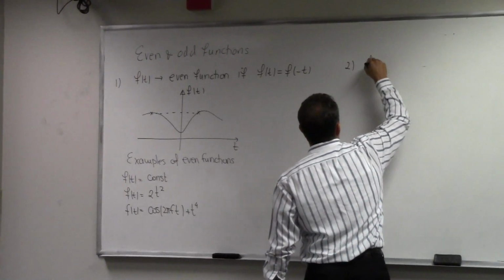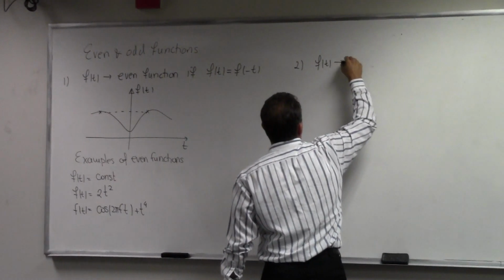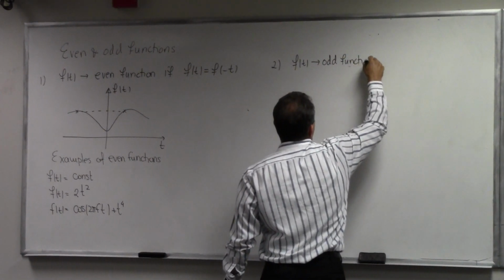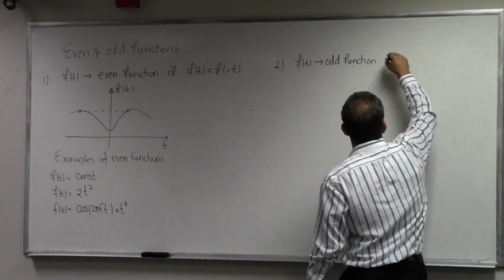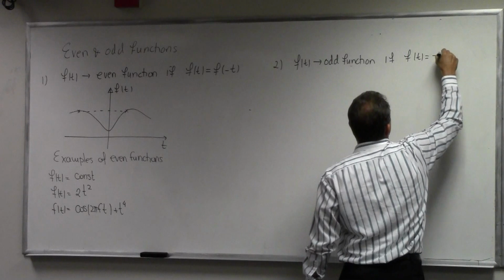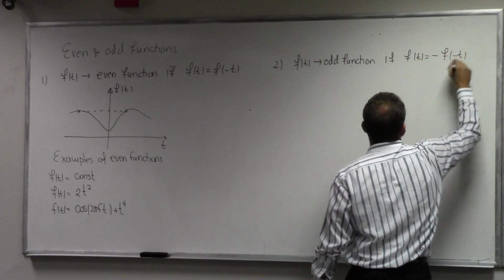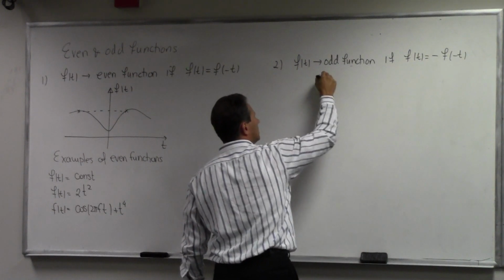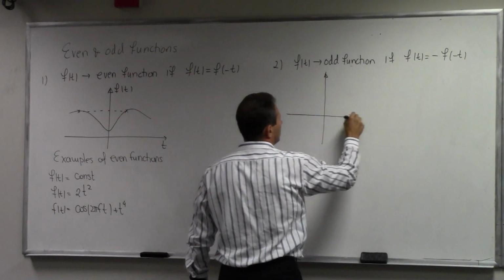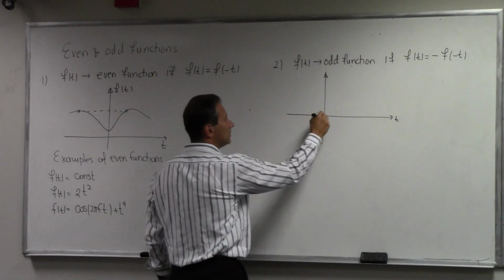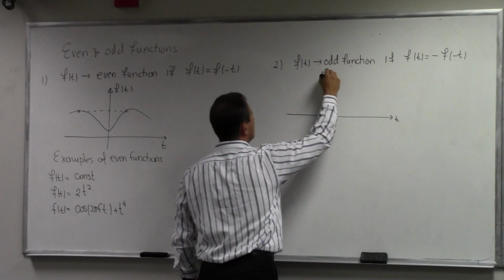Then f of t is called an odd function, or it has odd symmetry, if f of t is equal to minus f of minus t. These functions also have symmetry, but the symmetry is not about the y-axis, it's about the origin of the coordinate system.